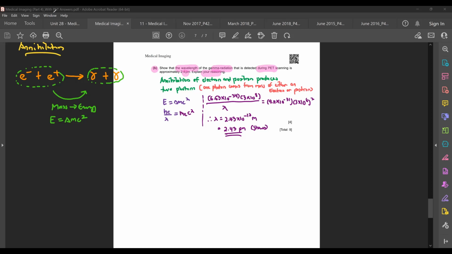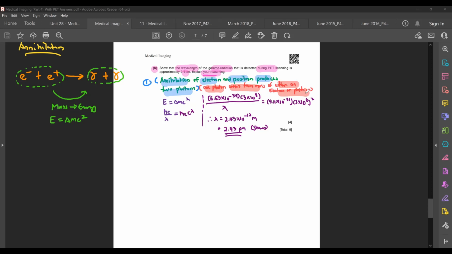So right now, they ask you to first explain your reasoning when you want to do your workings here. Your reasoning is this: annihilation of electron and positron produces 2 photons. This is where the mark came from, the reasoning. Because annihilation of electron and positron produces 2 photons, you were supposed to be able to then conclude that 1 photon comes from the mass of either an electron or positron itself.